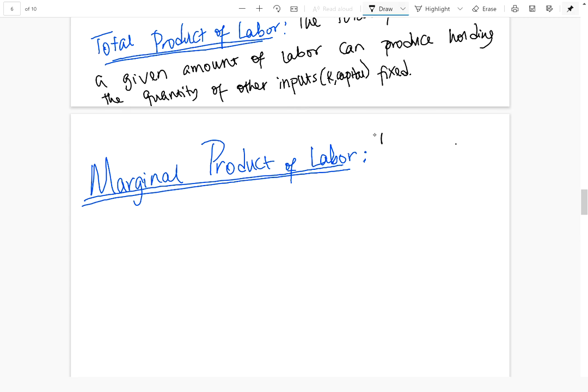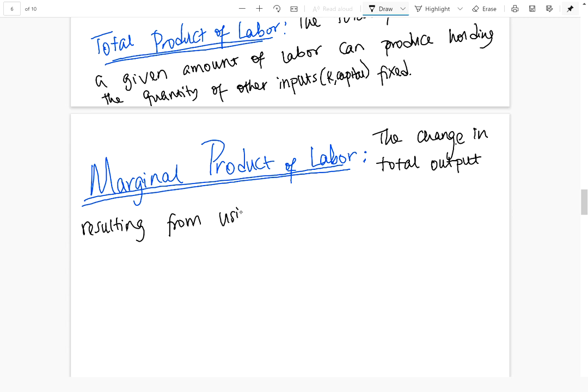This is the change in total output resulting from using an extra unit of labor, holding as usual other factors constant.